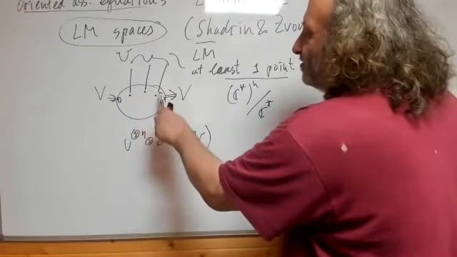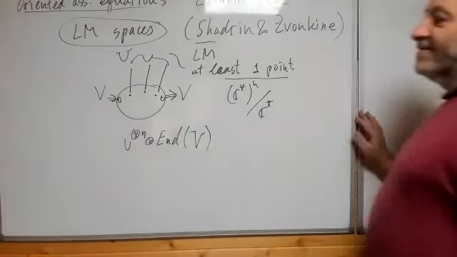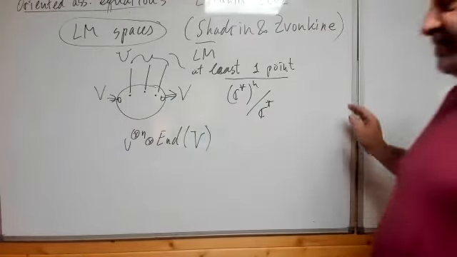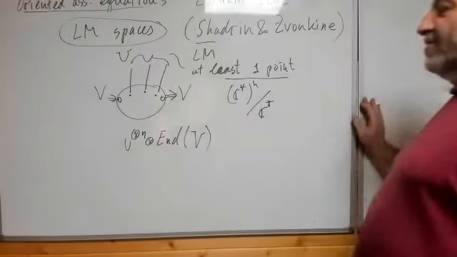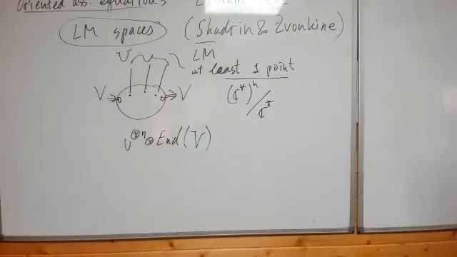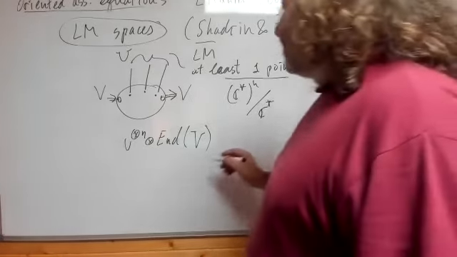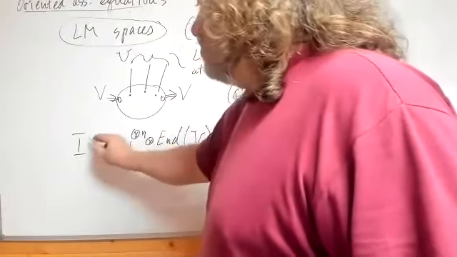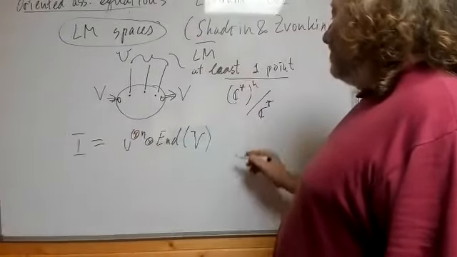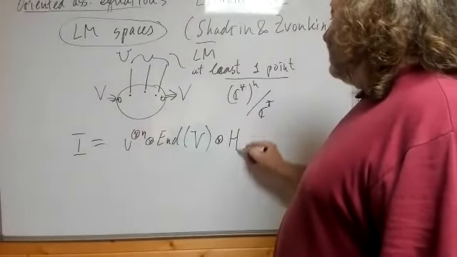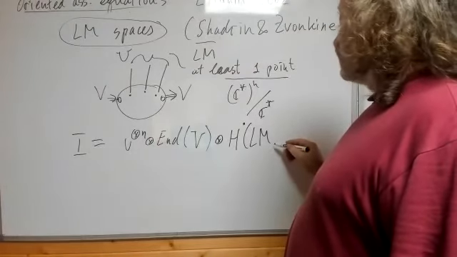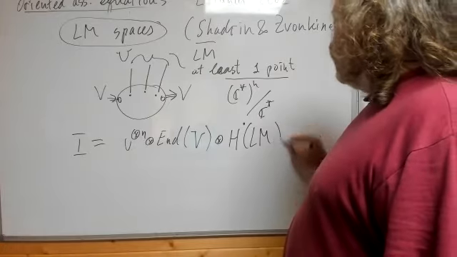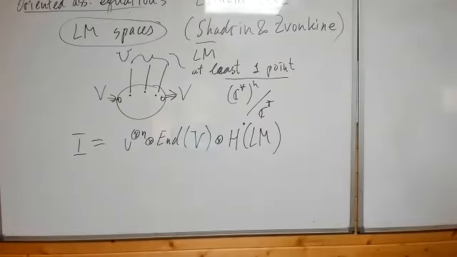These black points do not coincide with white points. However, they could coincide with each other. So the main object I lives here and in, of course, cohomology of the LM space.